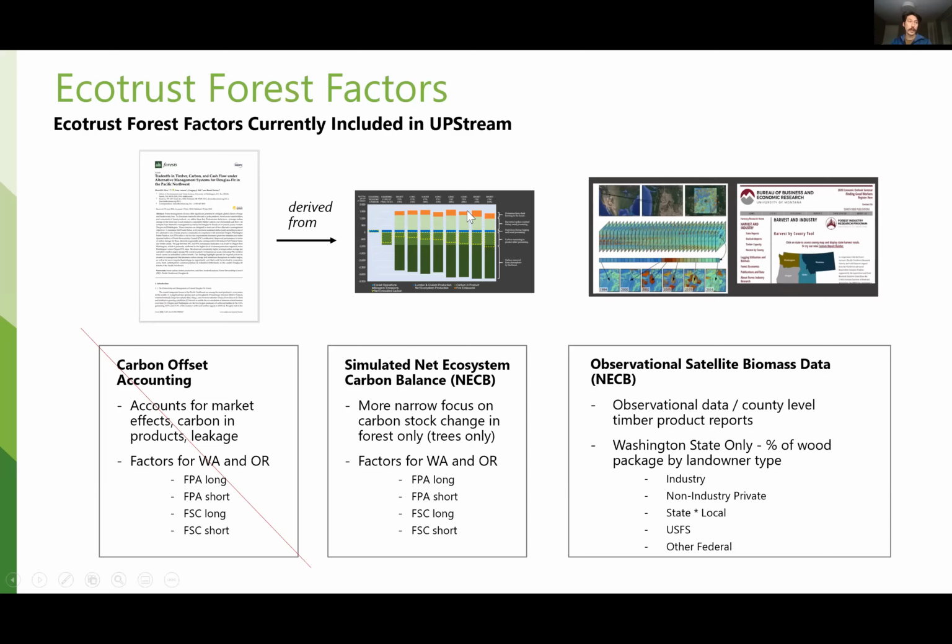So they derived the factors that Bree used in her study from that initial paper, and they looked at a simulated net ecosystem carbon balance, where they more narrowly focused on just the carbon stock change in the forest. This is all the above-ground biomass, which we know is missing a portion, 50% of carbon, from Jesse's presentation. But the scope was limited to be able to actually do the calculation.